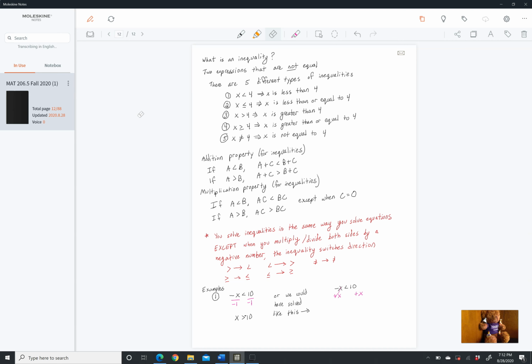I'm going to do this in two steps. We get 0 is less than 10 plus x. Then we subtract 10 from both sides, and once again we get that -10 is less than x, which is exactly what this says.